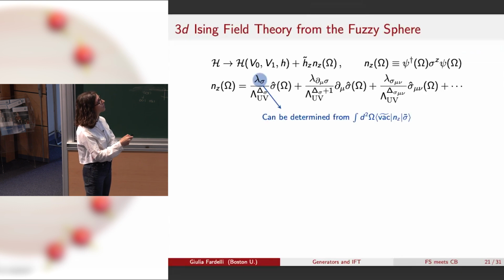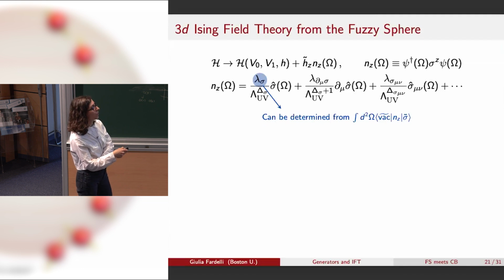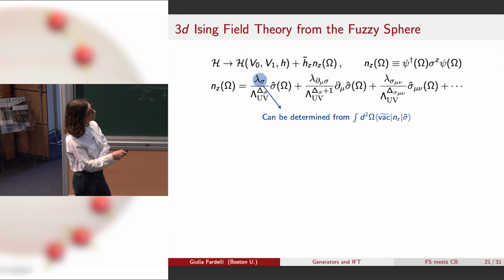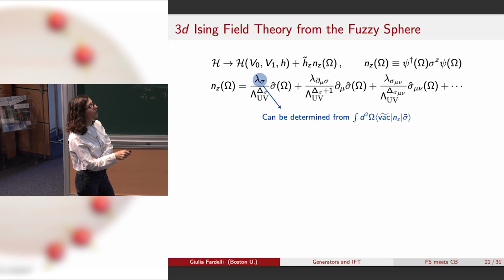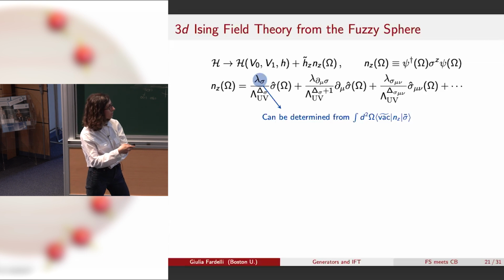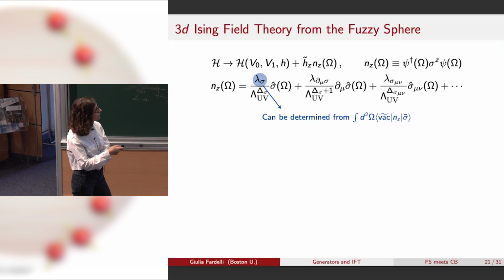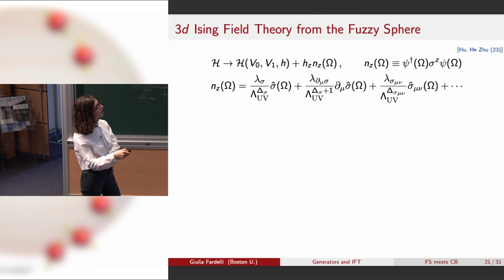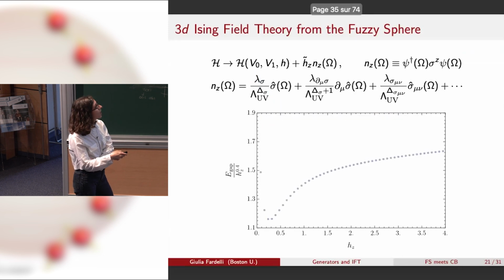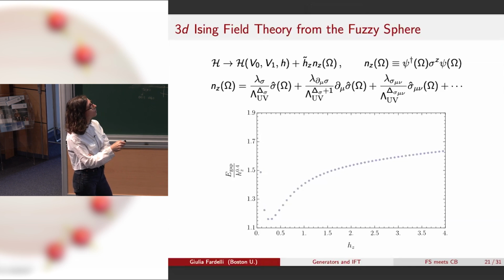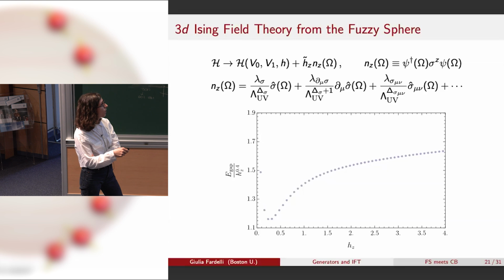We can actually try to compute how much of sigma you have inside NZ by studying, for example, the two-point function or expectation values of this kind, as has been done in this paper. So this is what you get when you implement this kind of deformation of the Hamiltonian at n equal 24.